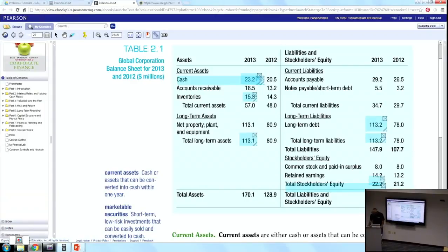Part D, a large customer owing $3 million of product already received declared bankruptcy, leaving no possibility that Global will ever receive this payment. That means accounts receivable will now decrease. Your 18.5 in accounts receivable will decrease because you're not going to receive that payment anymore.